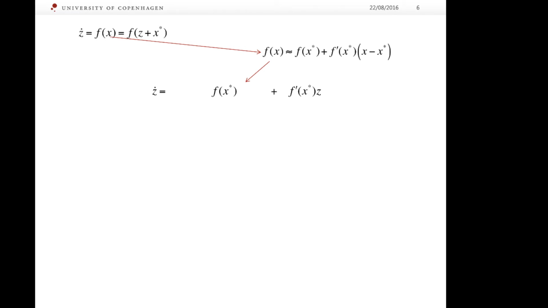We make this substitution, and we can write down a first-order differential equation for z, in which the term f taken at the fixed point must disappear, must vanish, because it satisfies the definition of the fixed point x star.